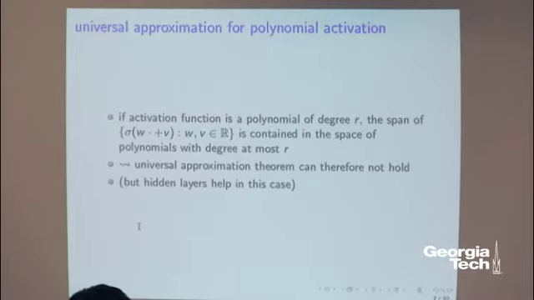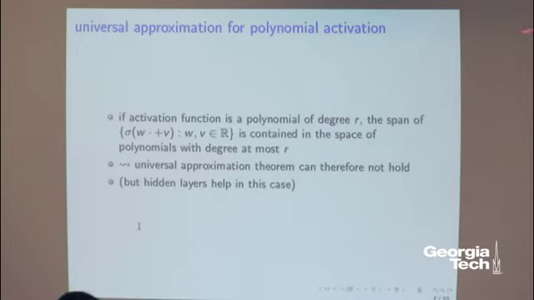Then you get only polynomials of degree 2 here, and as large as you make m, it doesn't change anything. You will only have polynomials of order 2, and with polynomials of order 2, you're not able to approximate highly oscillating functions. So if you have a polynomial activation function, the universal approximation theorem does not hold, and the space is much smaller actually in this case.